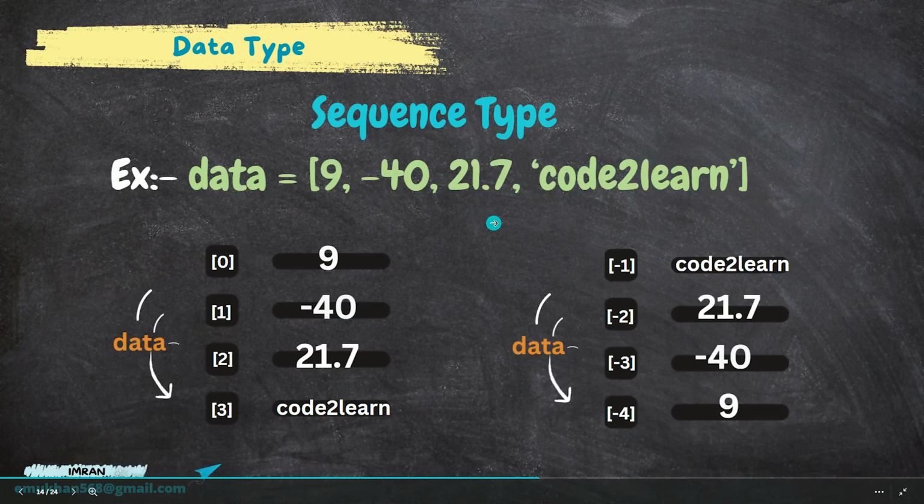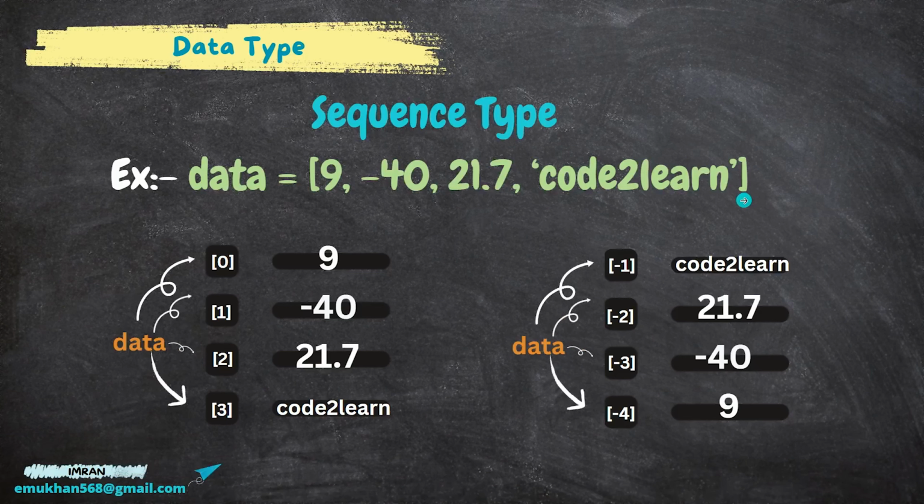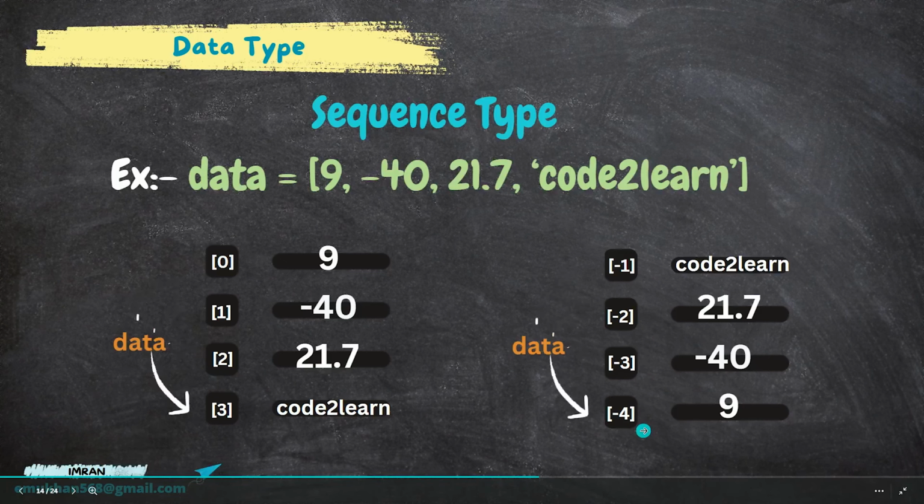And similarly, it is also possible if you count reversely, then it will start from minus 1, minus 2, minus 3, minus 4. See, the value of minus 1 would be equal to the last string, the value of 21.7 would be minus 2, minus 40 would be minus 3, and minus 4 would be 9.